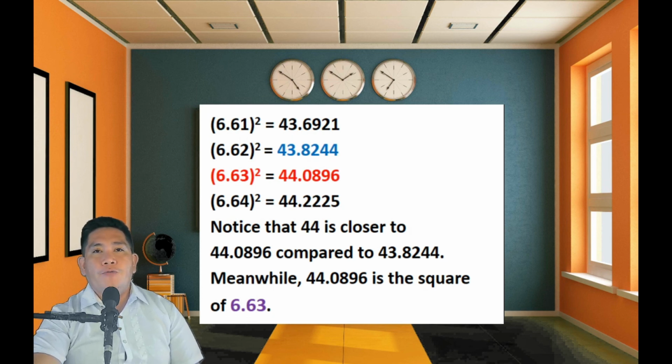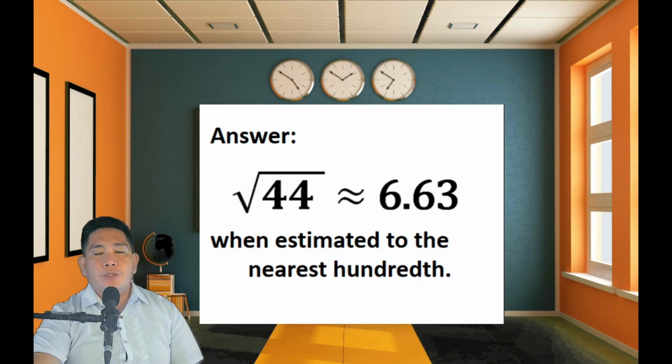Meanwhile, 44.0896 is the square of 6.63. Therefore, the square root of 44 is approximately equal to 6.63 when estimated to the nearest hundredths.